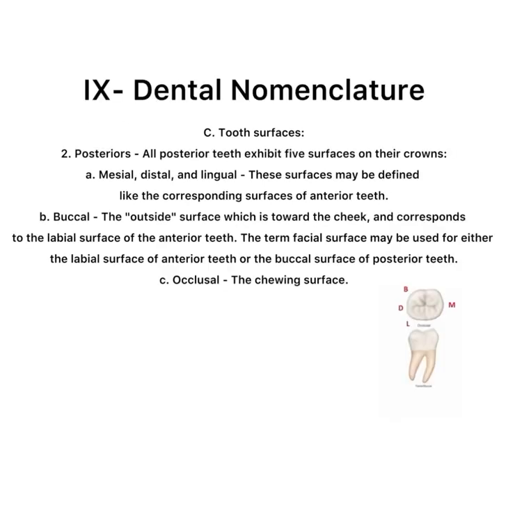Tooth surface, second, posterior. All posterior teeth exhibit 5 surfaces on their crowns: mesial, distal, and lingual, which may be defined like the corresponding surfaces of anterior teeth; buccal, the outside surface which is toward the cheek and corresponds to the labial surface of the anterior teeth.